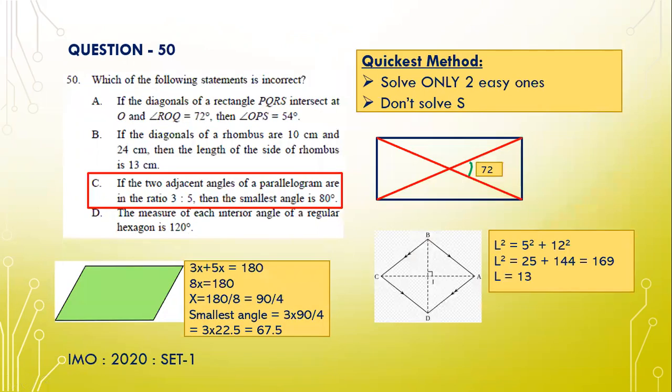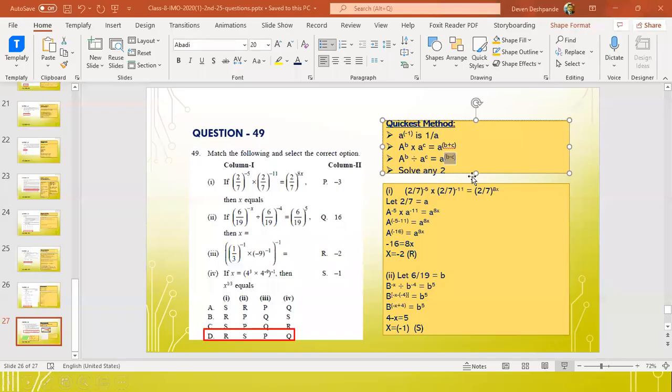Okay, which of the following statements is correct? If the diagonals of a rectangle PQRS intersect at O, and angle ROQ is 72 degrees, then what is OPS?